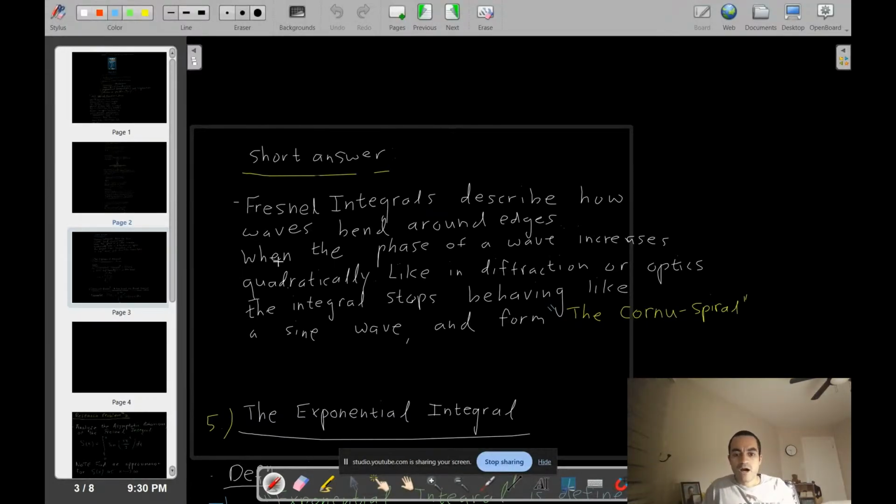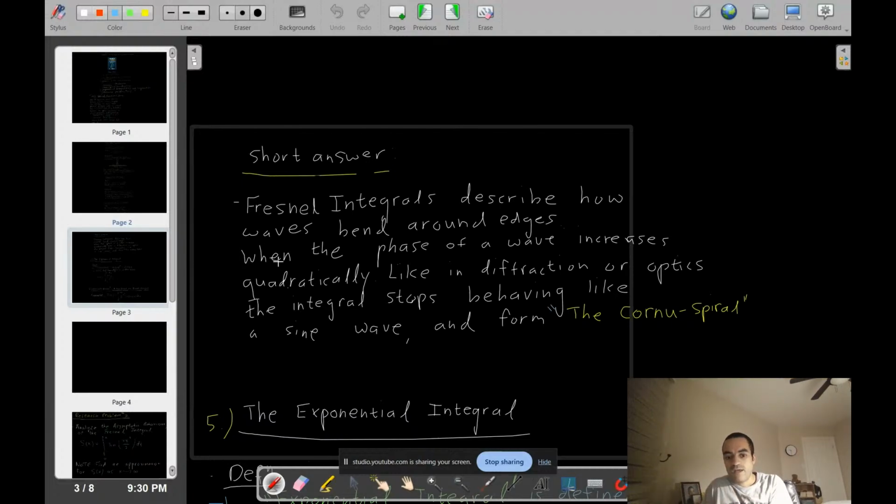So Fresnel integrals describe how waves bend around edges, and the phase of a wave, phases of waves and stuff like that. As a guy pointed out, that's exactly what they're for, describing how waves can bend around edges, and other things too.